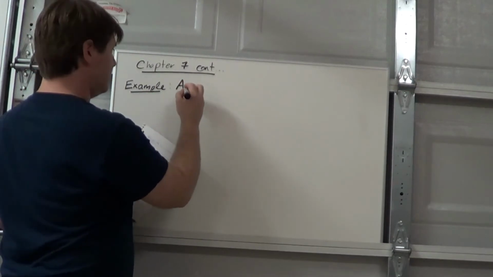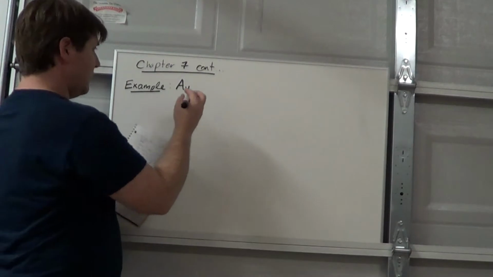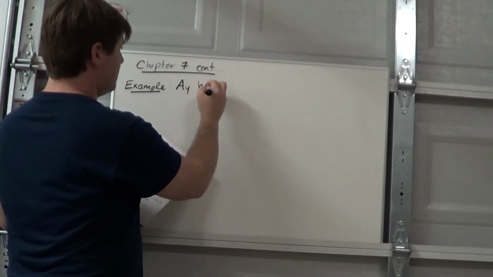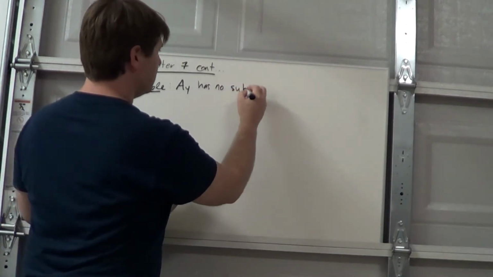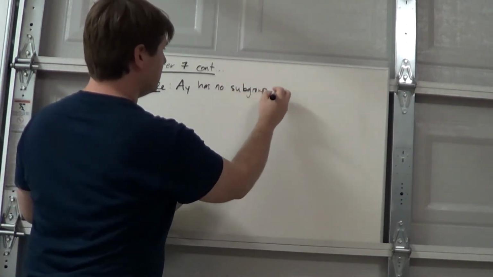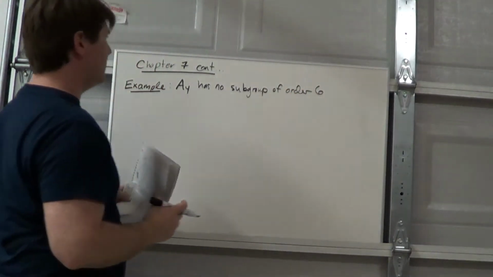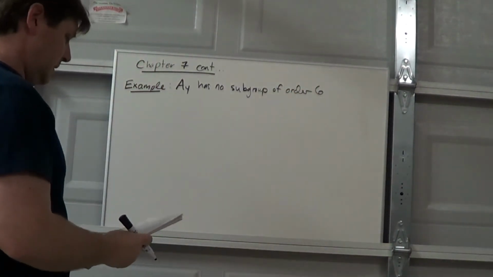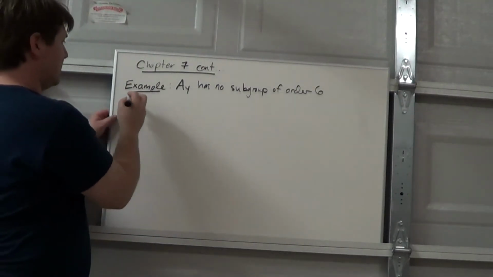Don't mind him. A4, the alternating group on 4 letters. You know what that is. Has no subgroup of order 6. Okay, so let's try this.